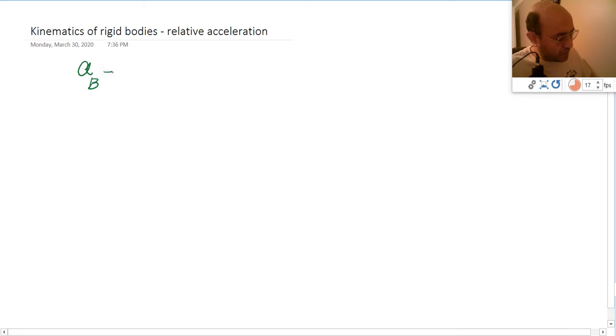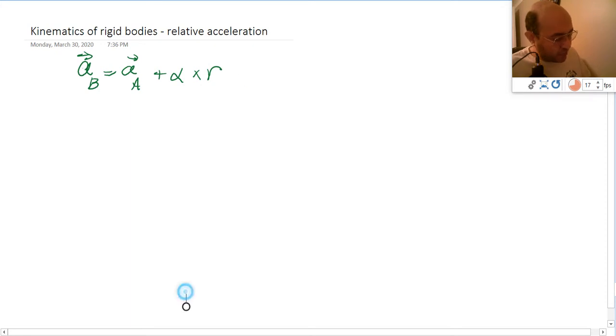Acceleration of B is equal to acceleration of A, again, plus two components. One of them is the component due to AT, which is alpha cross R, and the second one is from AN.